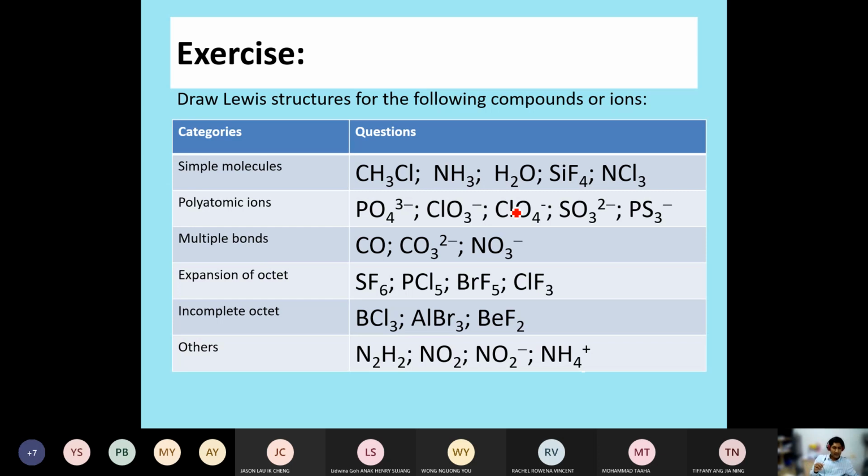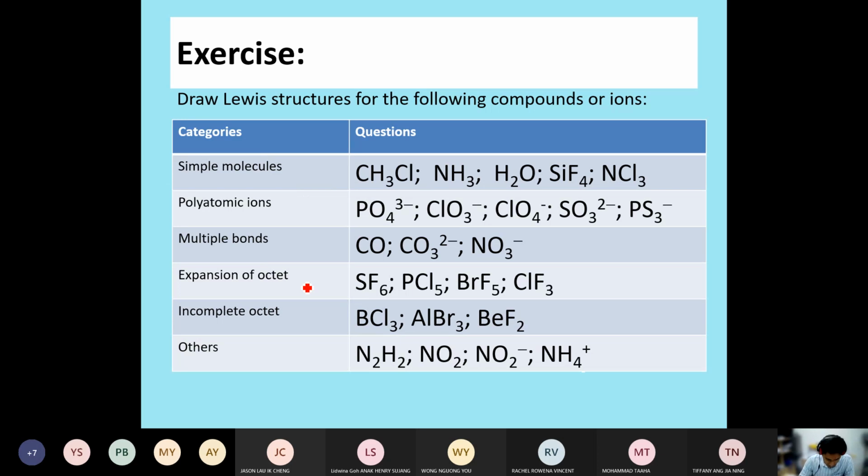exercises. I am assuming that you have tried at least some of them, and you have seen that some of them are quite easy, and I can ask you to show. Of course you will not do that, I know, but I can show some of the easy or simple molecules, how to see the Lewis structure.